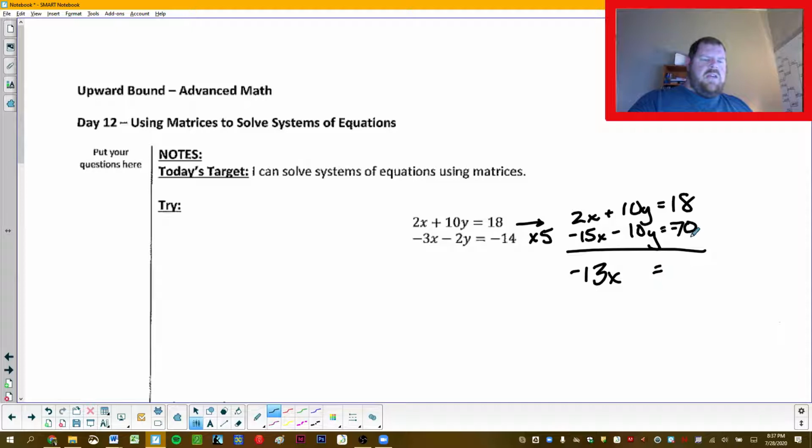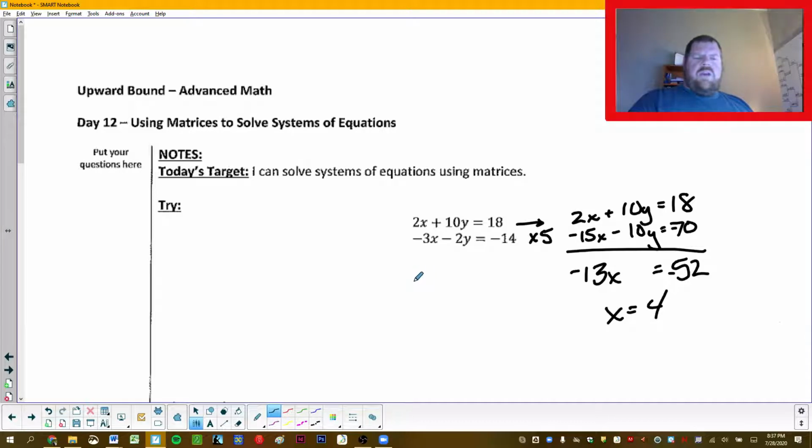My y's cancel, and that's going to be negative 52. So some quick division tells me that x is 4. I always remember that one because there's 52 cards in a deck of cards, and there's 13 in each suit, 4 suits. You get to learn some of those things as you progress.